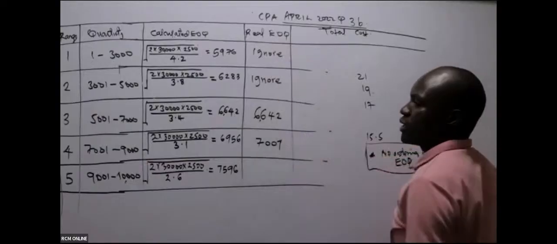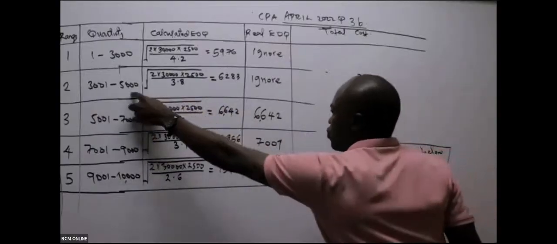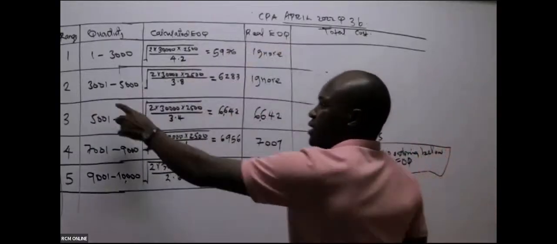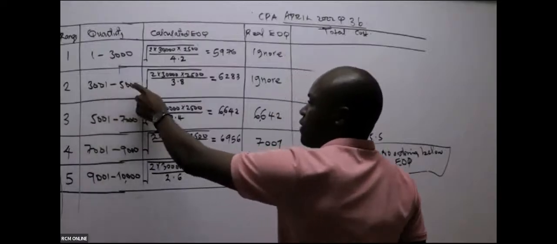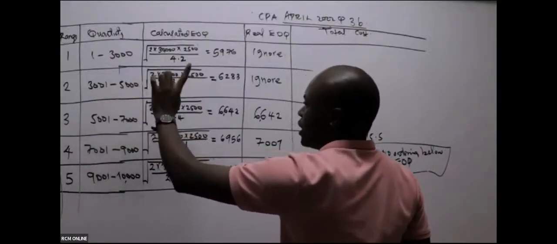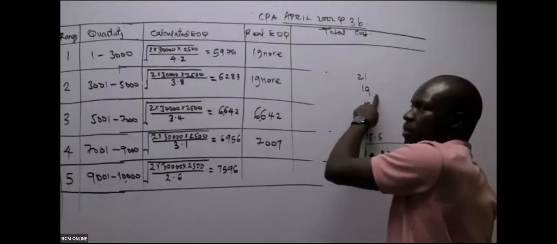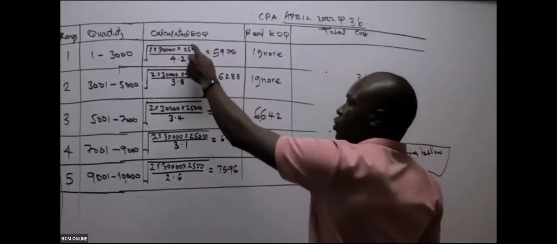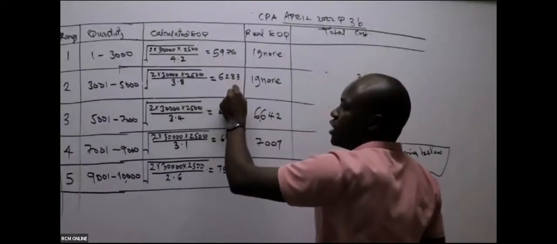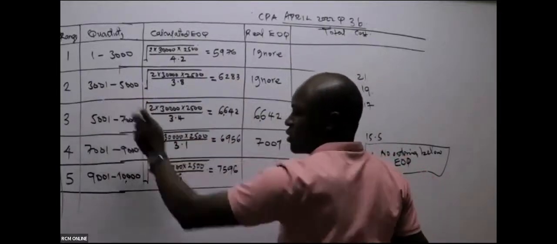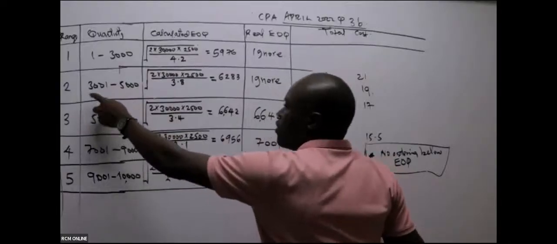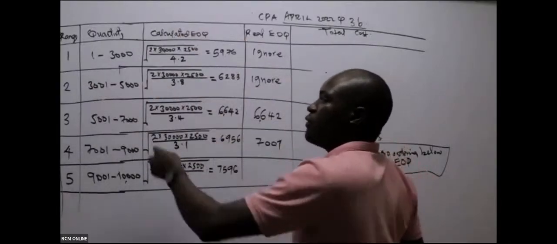When you come to option 2, they want you to purchase 3,001 to 5,000 within that range for you to get a discount and purchase these goods at now 19 shillings. And our calculated economic order quantity is 62.83. It is above this range. For you to get the discount, it must fall within this range.